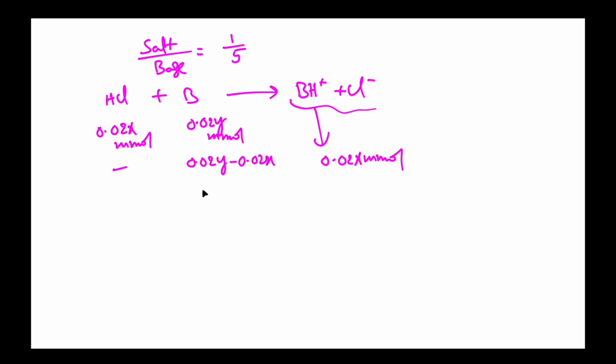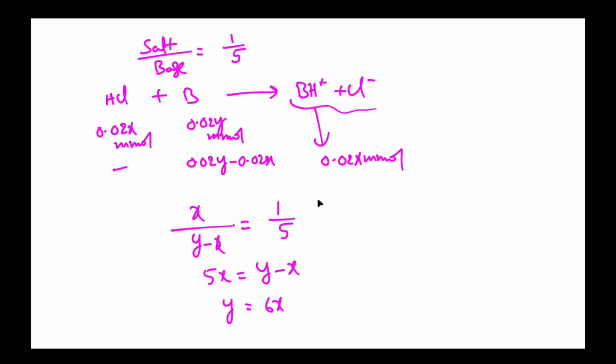So salt by base means x by y minus x. So x by y minus x is equal to 1 by 5. From that, 5x is equal to y minus x, so y is equal to 6x.